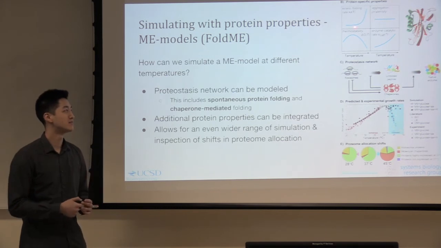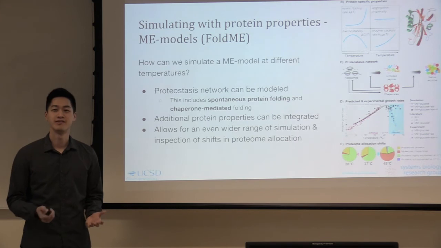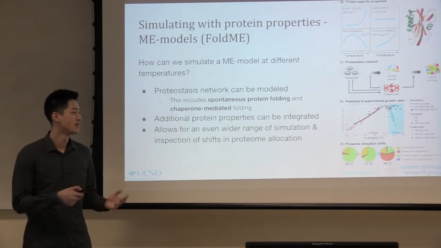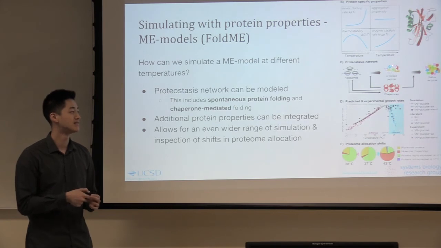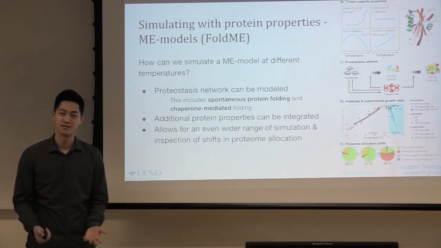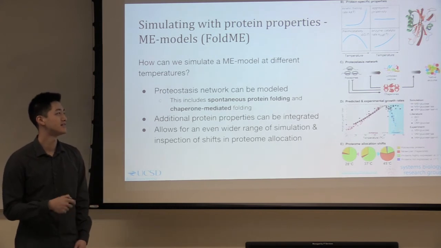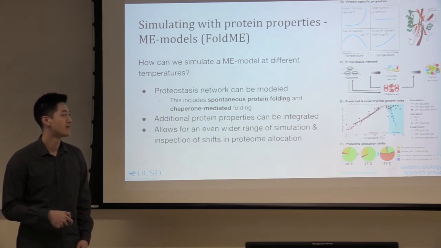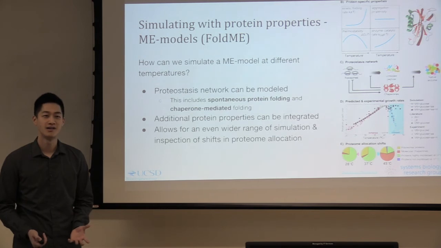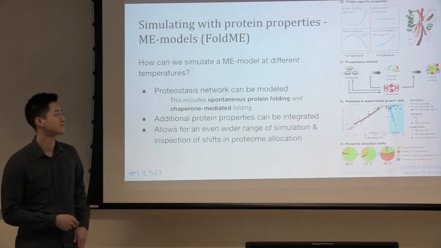So just predicting the folding rate of an enzyme at different temperatures did not allow us to do these detailed simulations, but incorporating all that along with the chaperone folding network allowed you to finally get a computational simulation that matched up to experimental data pretty well. So I think this was quite an interesting study that really incorporated multi-scale modeling in the framework of a ME model.